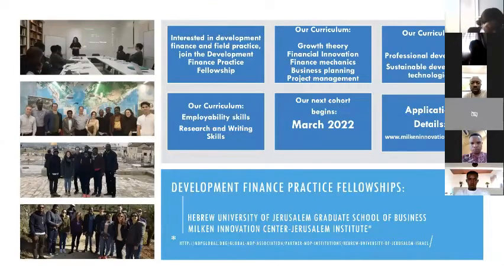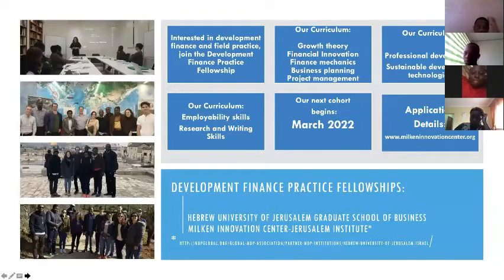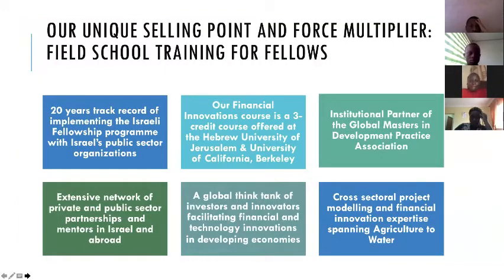So that's the linkage between this course as a prerequisite for the fellowship program and for the opportunity here to at least take the course and be accepted to the course and then to move forward into a potential fellowship. Our unique selling proposition, we think, is what we've learned in the developed country here in Israel, but also lessons from the United States and Europe and other developing countries as well.